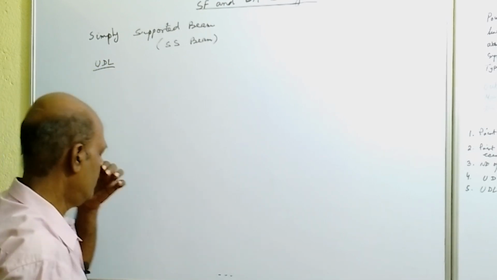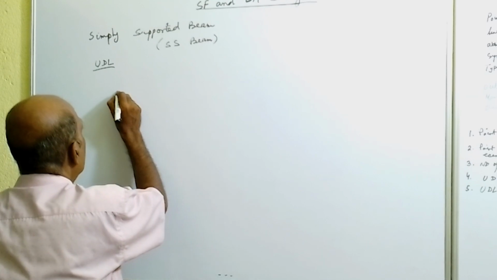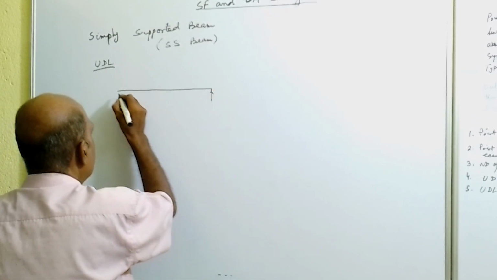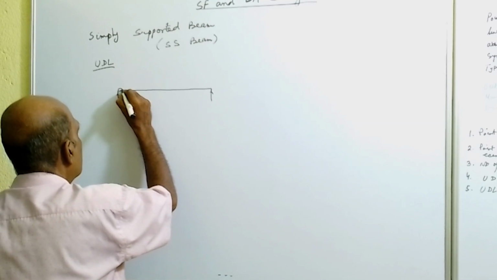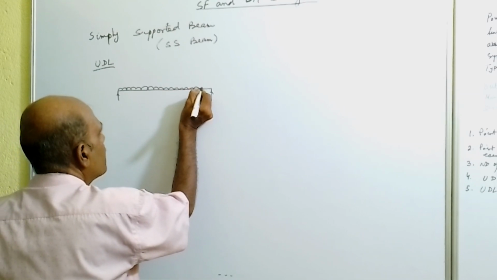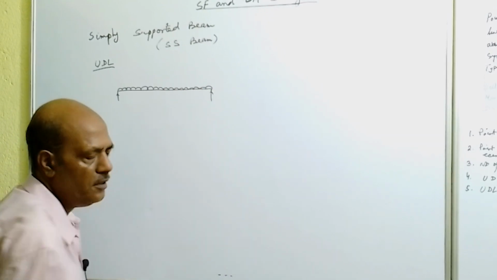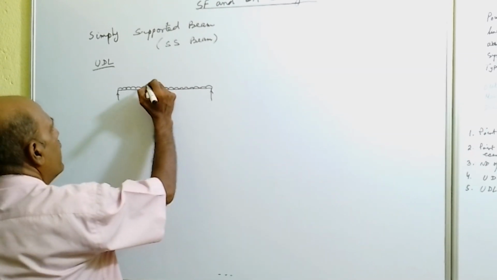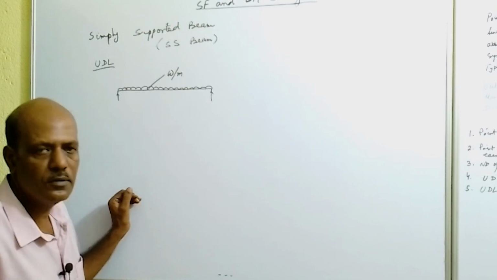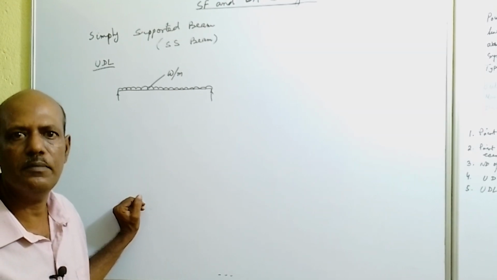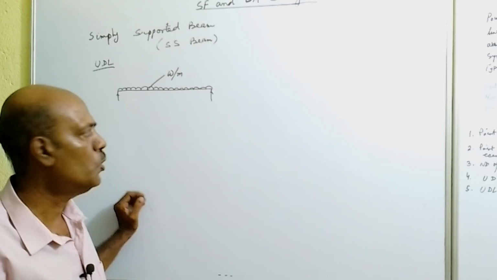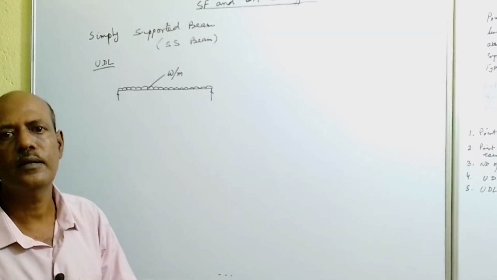So let the whole length of the beam be under uniformly distributed load. Say the intensity of load is given by W per meter length. The unit of W may be in kg, it may be in Newton or kilonewton, whatever may be. So the whole length we have considered that.